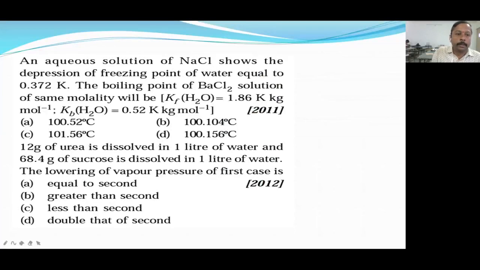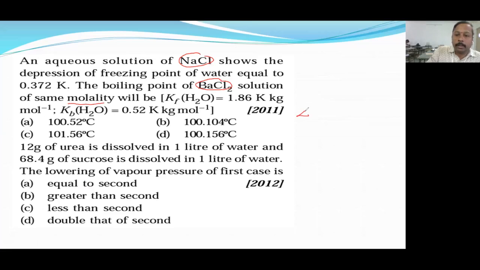Okay, here this is the rare question where you have to use two concepts. What are the two concepts? Boiling point and freezing point. The two are the freezing point of NaCl and the boiling point of BaCl2, but the only common thing is the same molality.